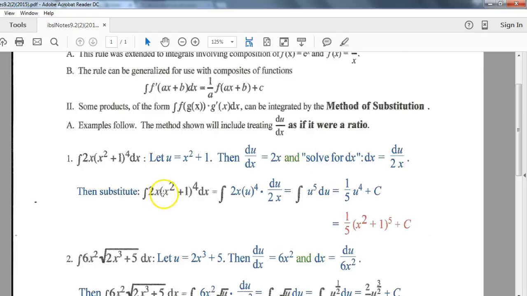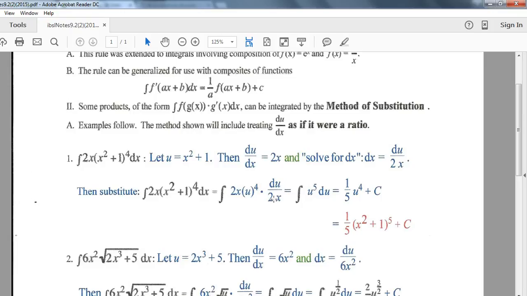Going back to the original setup, we have our u replacing the x squared plus 1, and we have du over 2x replacing dx. Now we have not only a simpler look, but we've also forced ourselves to put the derivative of the interior function on bottom, like we're supposed to. Now we can do some cleanup from here.